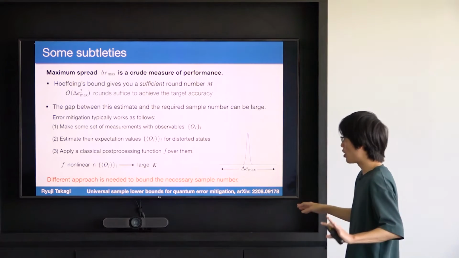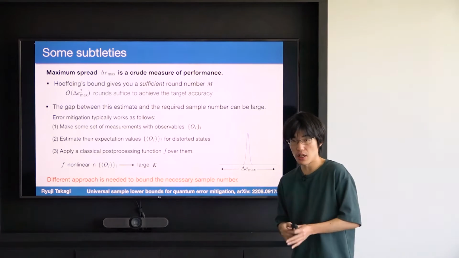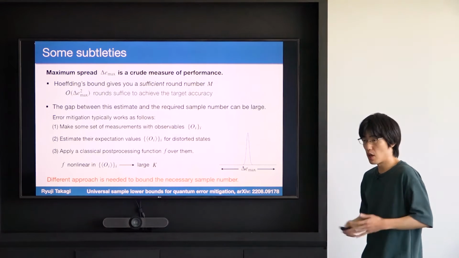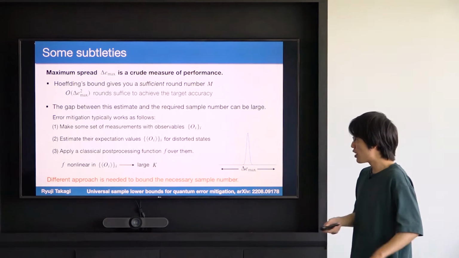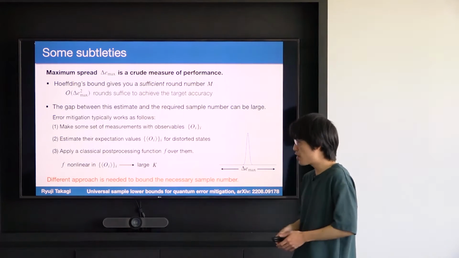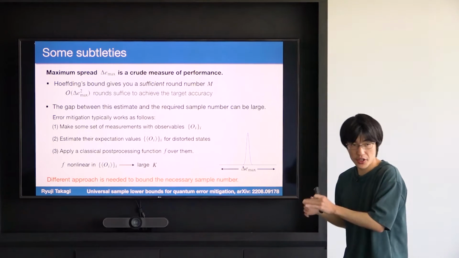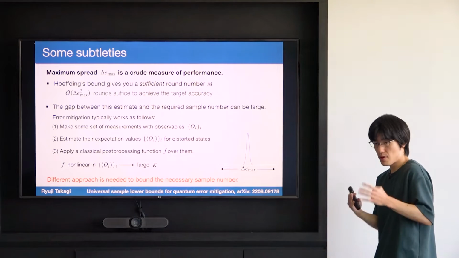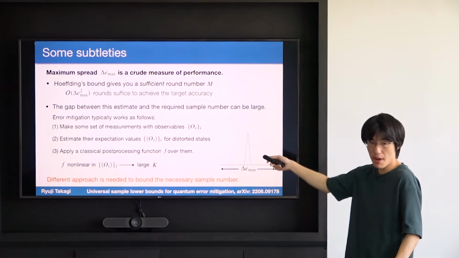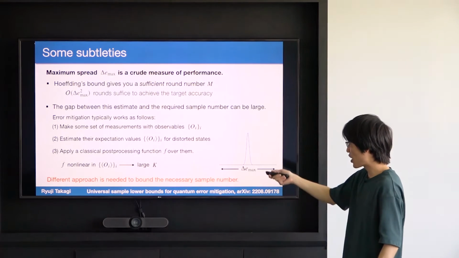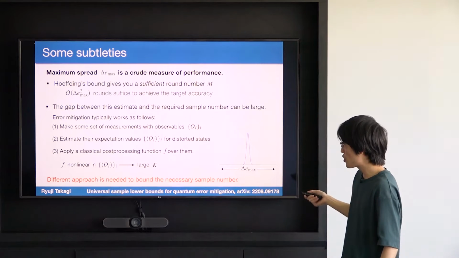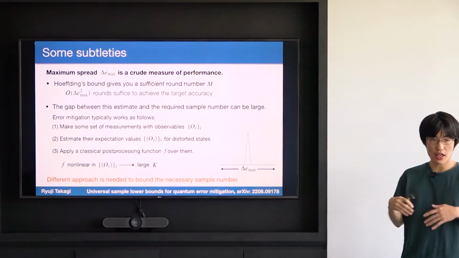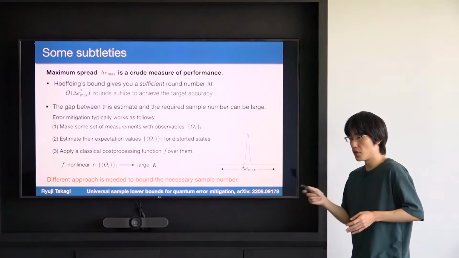So you have some set of measurements as observables, like O_i, maybe Pauli measurements or whatever. Then you estimate their expectation values first for these observables, and you have a set of numbers that is the expectation values of such observables, and you apply some classical post-processing on the estimated expectation values of these observables.